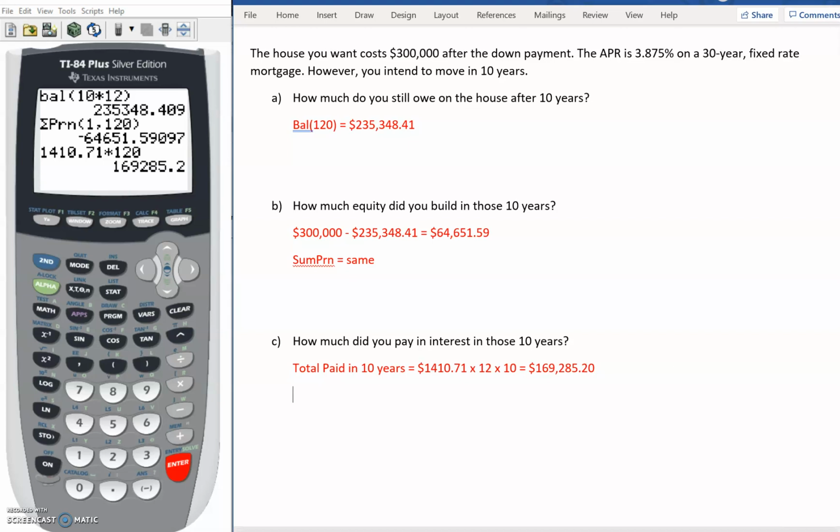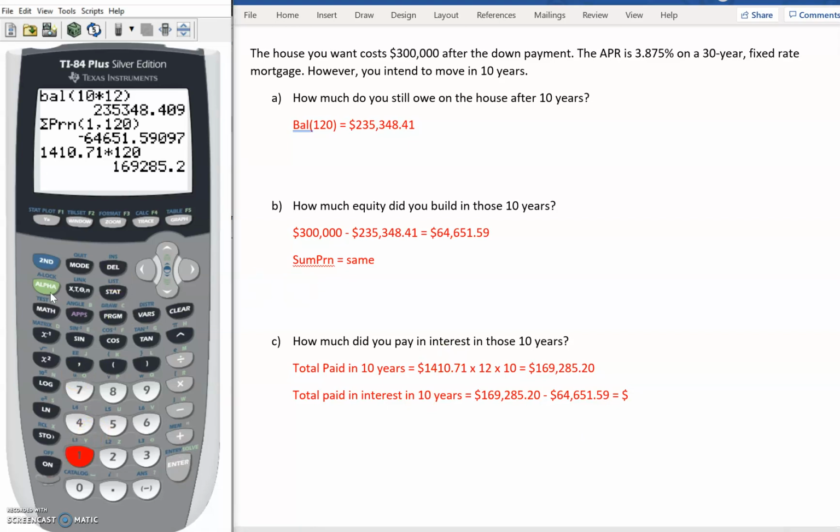Well, how much of it? So total paid in interest: if coming out of my pocket was $169,285.20, and some of that went to interest and some of it went to equity, we can take off the amount that went to equity, $64,651.59, and this must be what I paid in interest in 10 years, just to be clear.